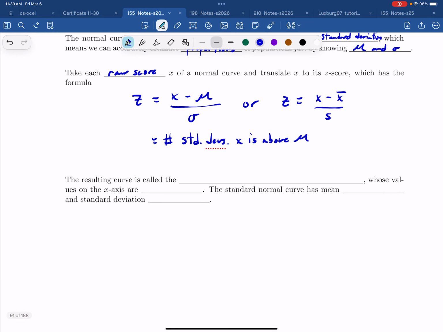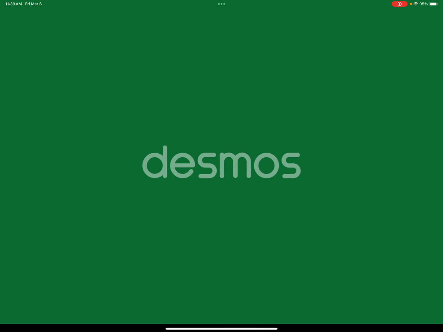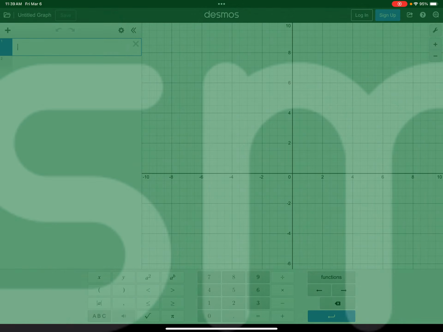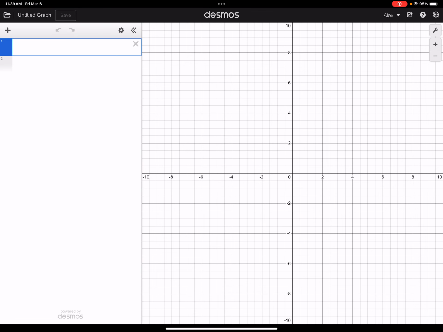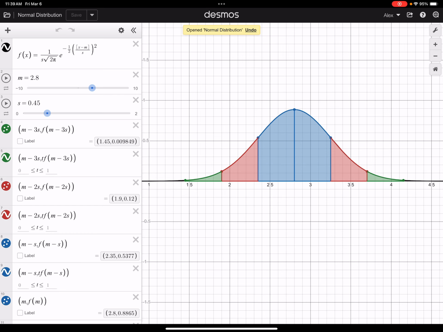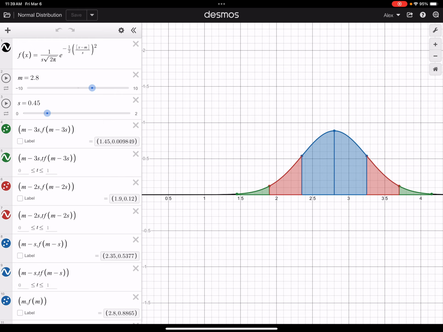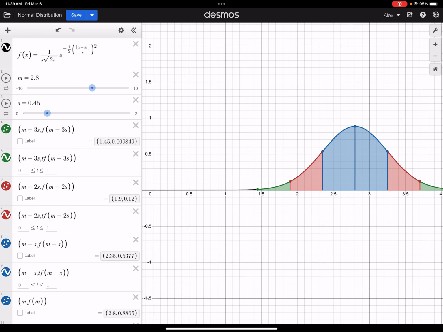So when you do that, let's take a look at what happens. We can get out Desmos here, and we just open up our normal curve. Here's again that 68, 95, 99.7 rule. Now let's see what happens when we translate every point into its z-score.